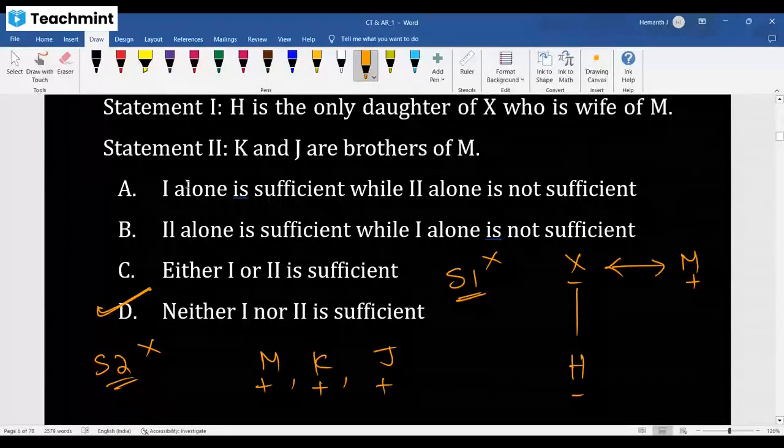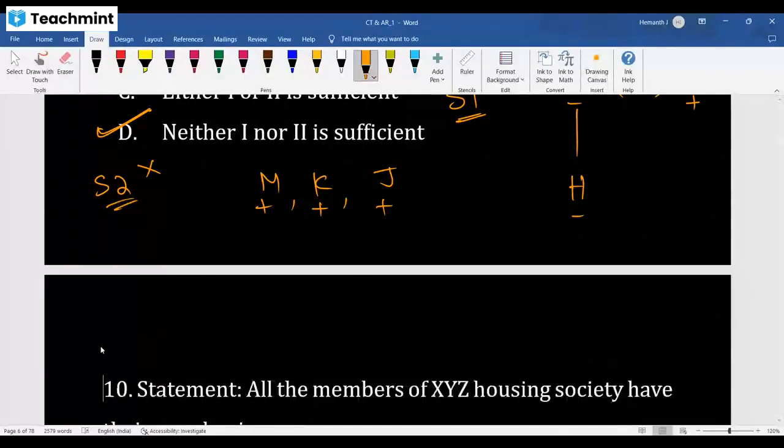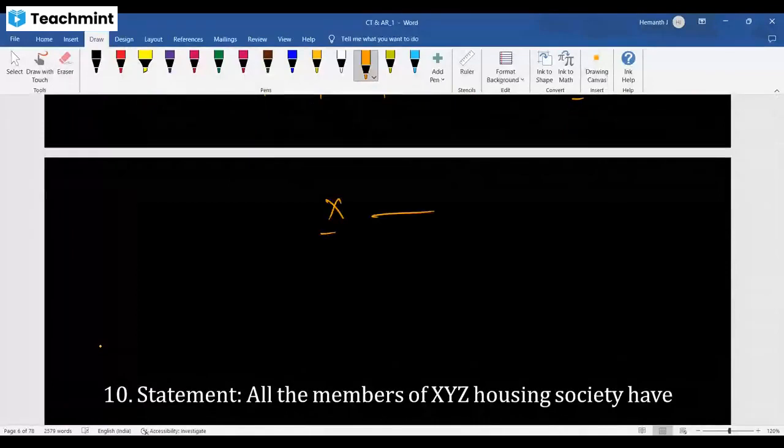But my dear friends, they didn't mention, okay, son. They don't have son, they didn't mention, right? So how can we conclude how many children M is having? If you combine also, what will happen? Whether X and M are having another child or not, we don't have that.